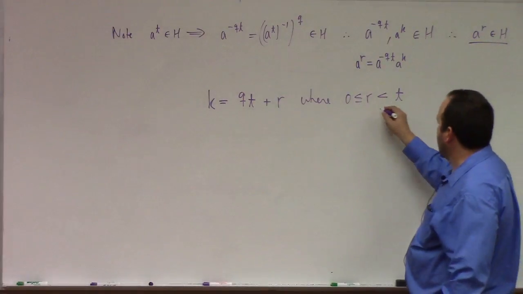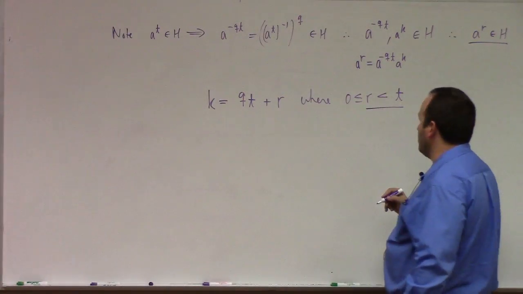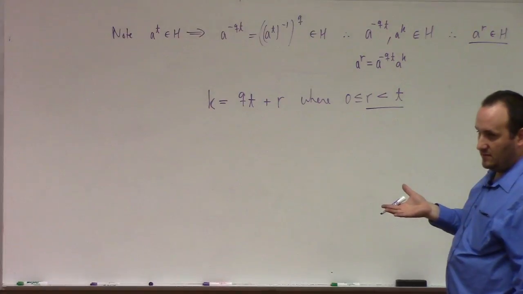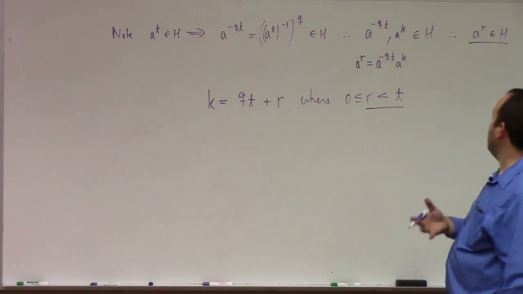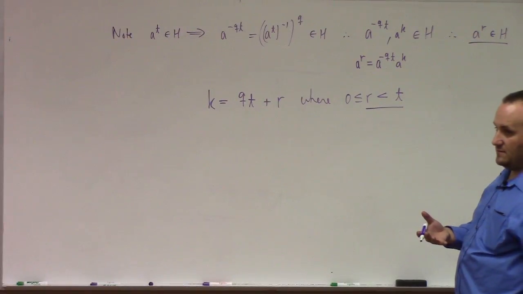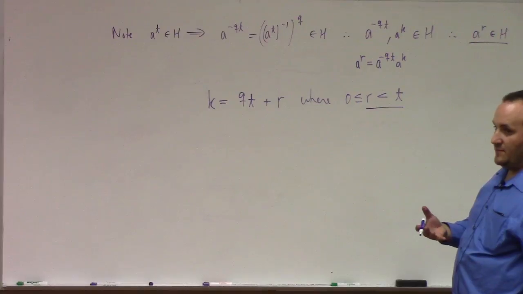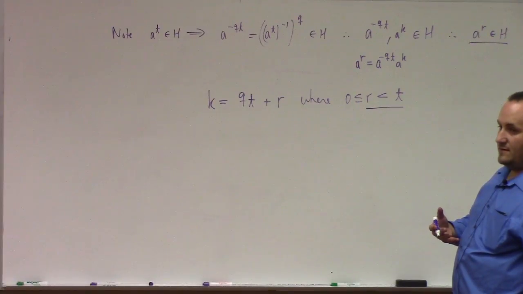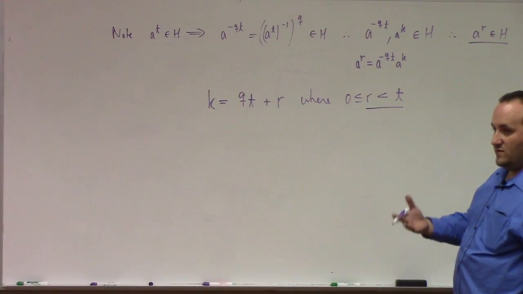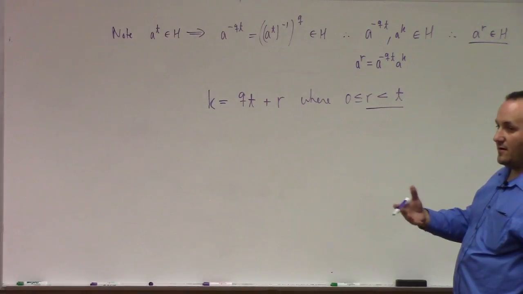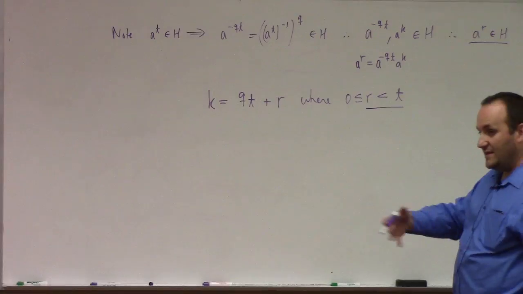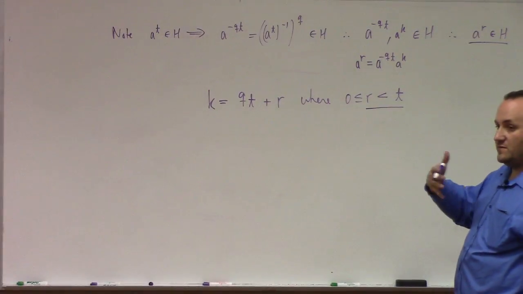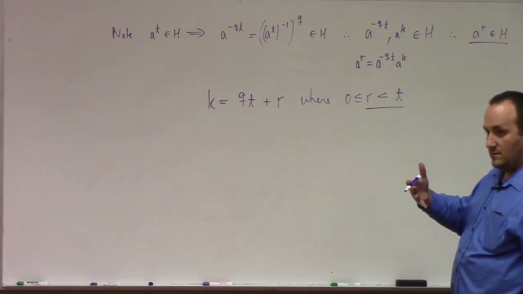But notice that R is either a positive number less than T or it's 0. But if R is a positive number less than T, that would say that it's an element in H, right? It's A to a power R, where R is less than T.